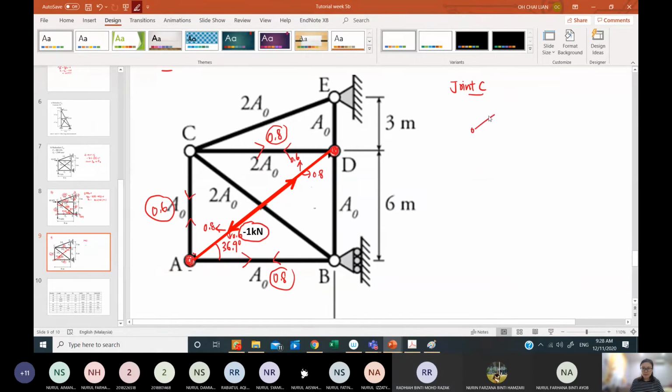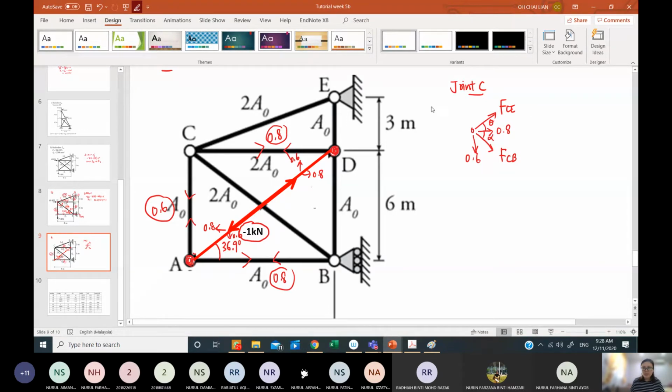I have this member CE, and then I have another one, CB, and I have 0.8 and 0.6. I have this angle and I have this angle. Let's say I cannot write it here, so let's say this is theta, this is alpha.